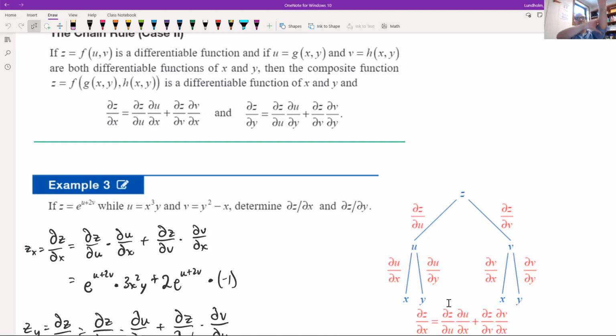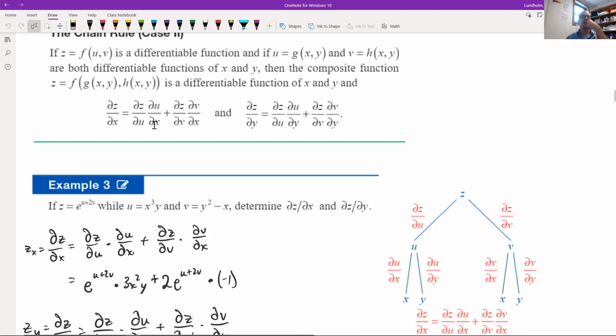But notice that since we don't have any single variable functions here, everything in the multivariable chain rule is all partial derivatives, because we're taking derivatives of multivariable functions the entire time.